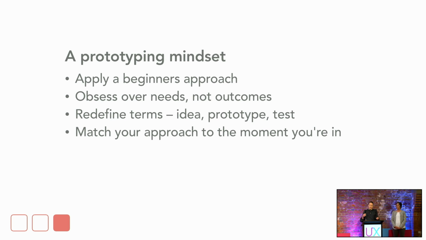Apply a beginner's approach to prototyping. Be prepared to make an idea tangible, especially when it's not pretty. For a moment, forget about those important but potentially constraining factors like desirability, viability, and feasibility. Become obsessed with need. We need to shift from being outcomes focused to being needs focused.